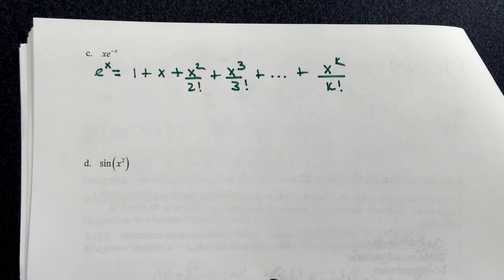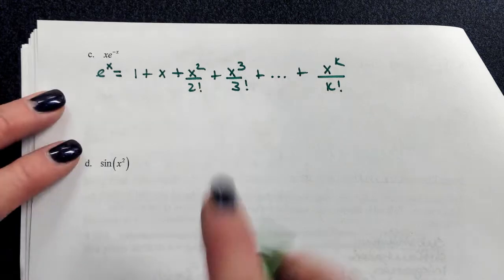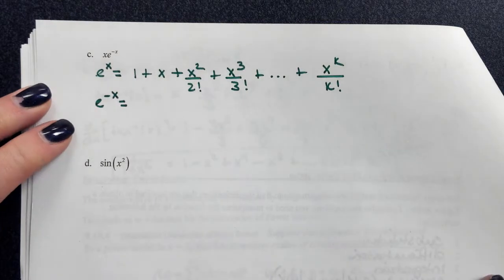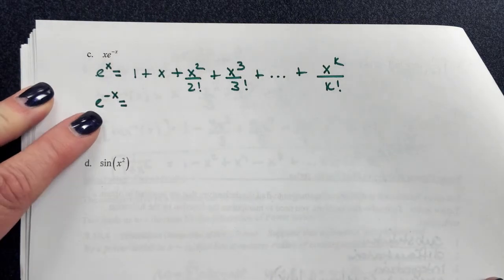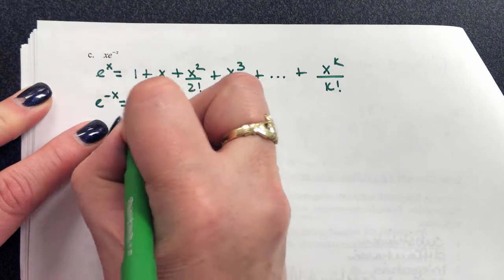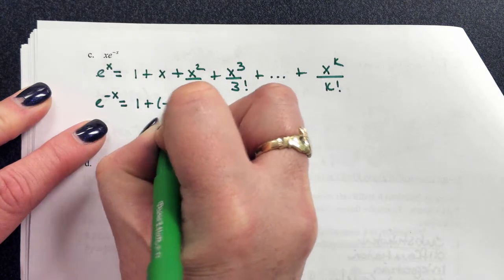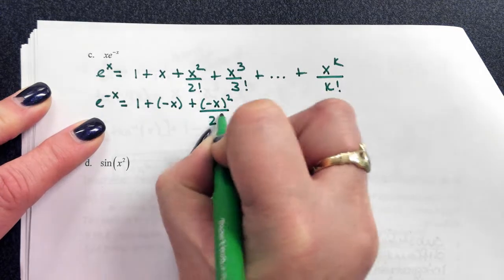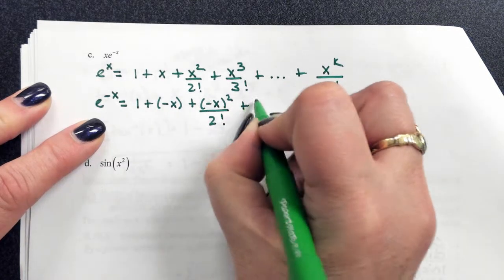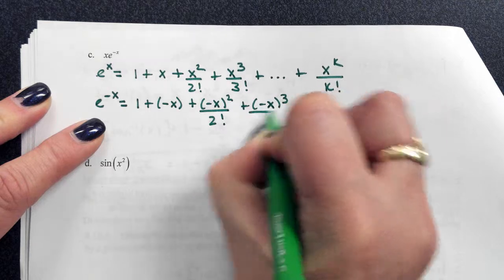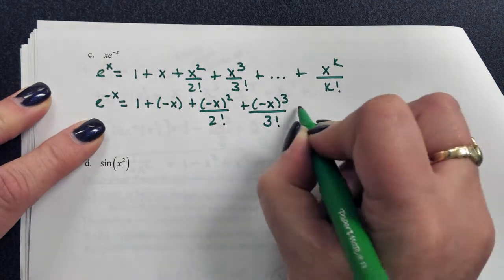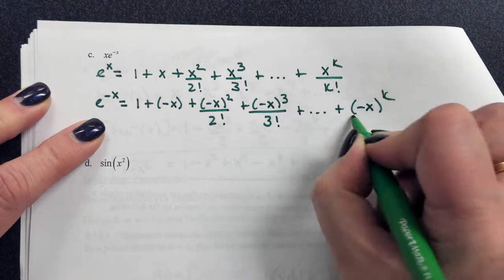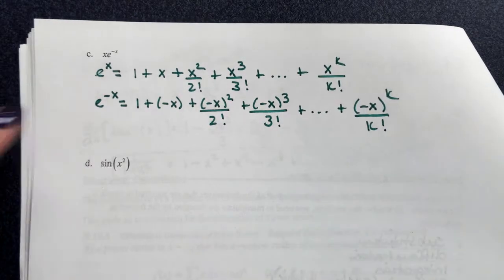So now to find e to the negative x, I'm going to take x out and replace it with a negative x. So I'll have 1 plus negative x plus negative x to the second power over 2 factorial plus negative x to the third over 3 factorial plus dot dot dot plus negative x to the k all over k factorial.